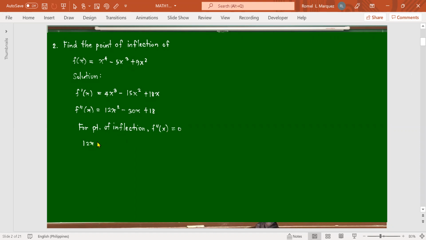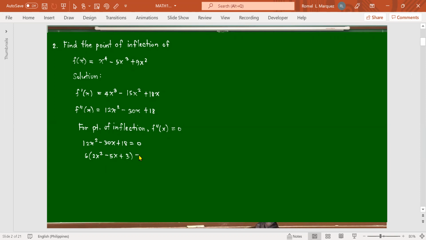So 12x squared minus 30x plus 18 is equal to 0. Factoring out 6, we have 2x squared minus 5x plus 3.